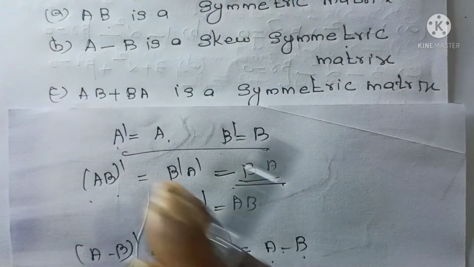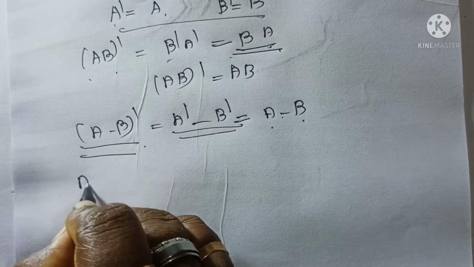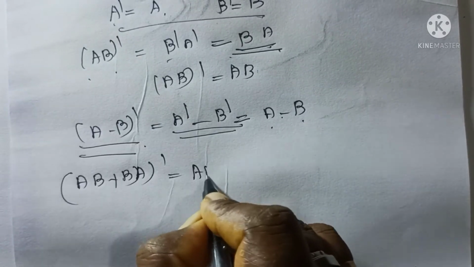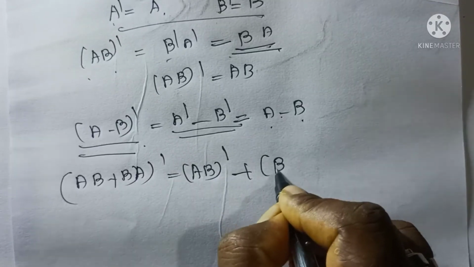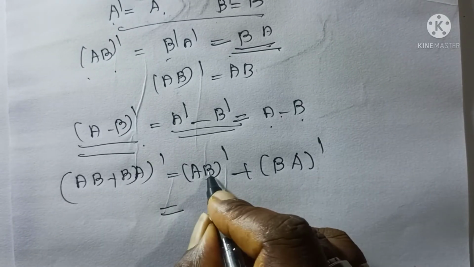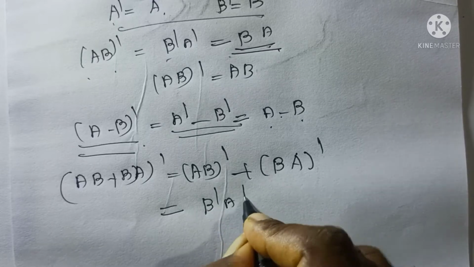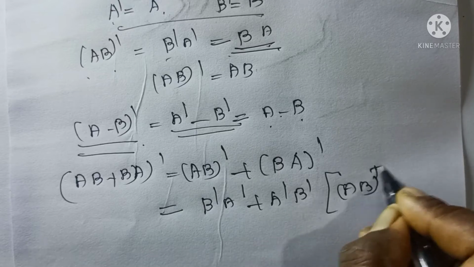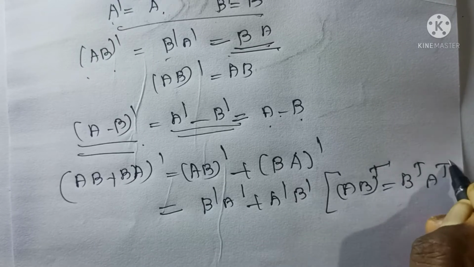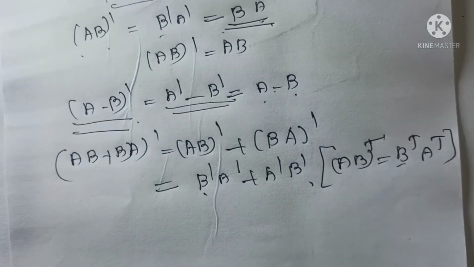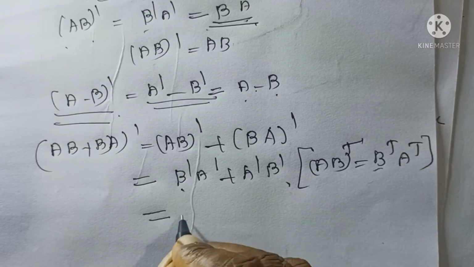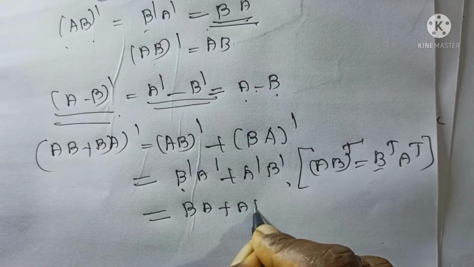Then you have to take AB plus BA. So AB plus BA the whole dash is equal to AB the whole dash plus BA the whole dash, which is equal to B dash A dash plus A dash B dash. Why? Because AB the whole transpose is equal to B transpose A transpose. So you have to substitute the values here: A dash is equal to A, B dash is equal to B. So BA plus AB.